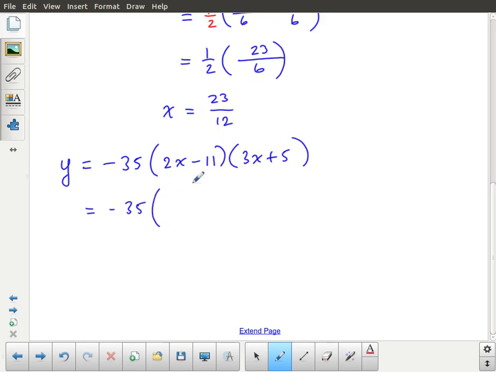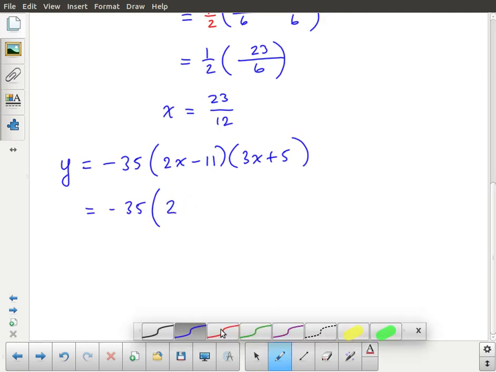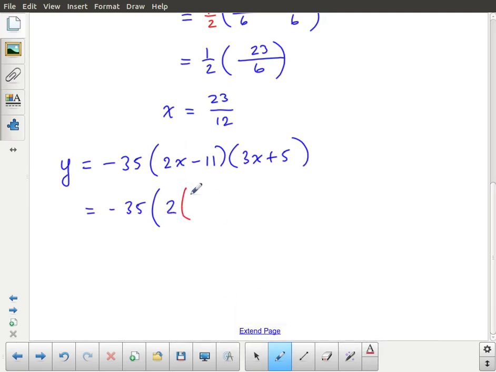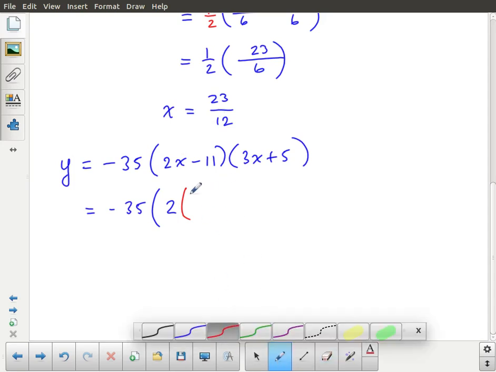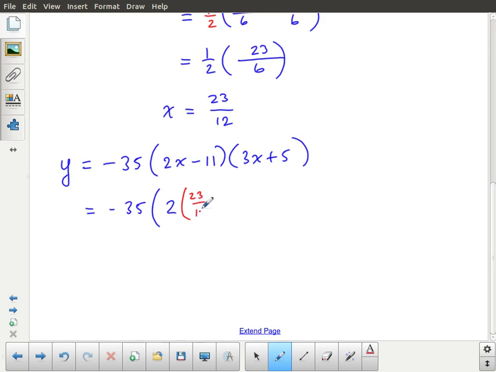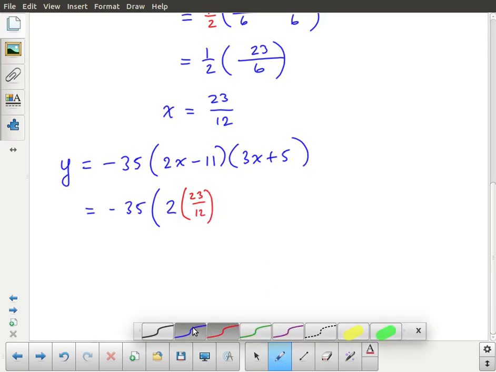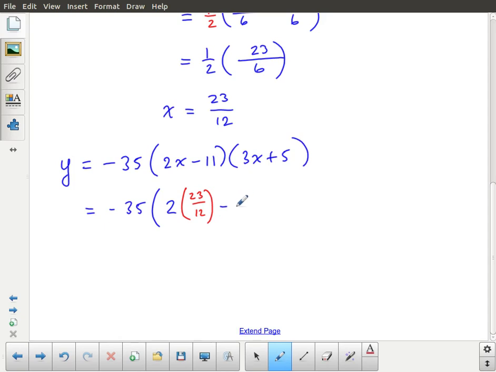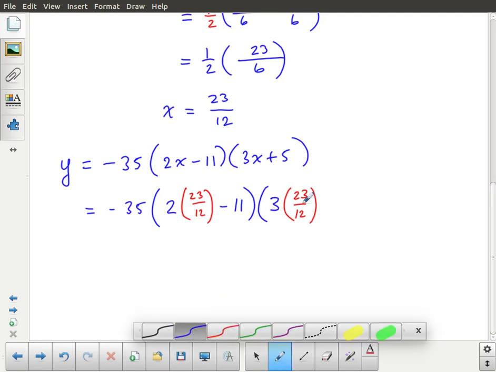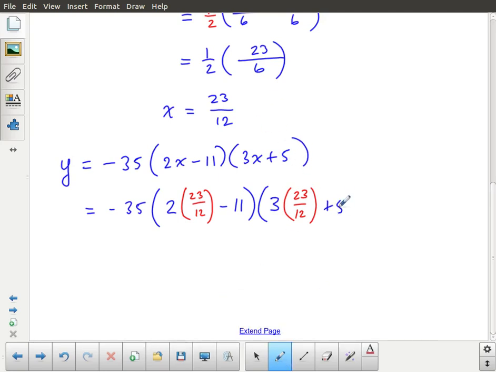And this is going to get pretty involved just because this is not a particularly nice fraction. 2 times, but instead of x, I'm going to put in 23 divided by 12, and that is minus 11. And then we've got 3, but instead of x, I'm going to put in 23 divided by 12, and that one is plus 5.